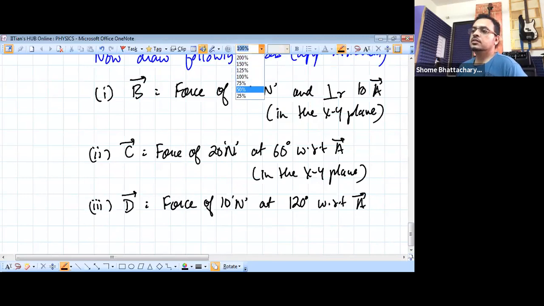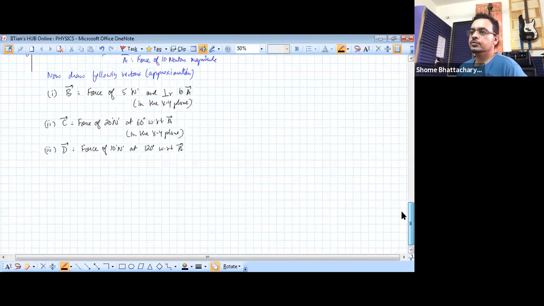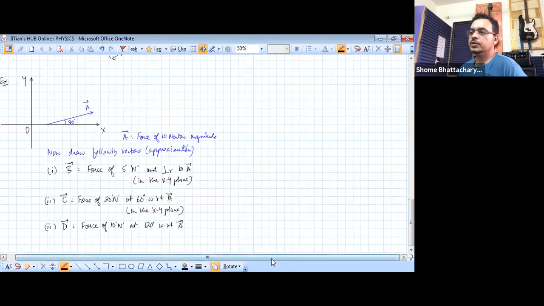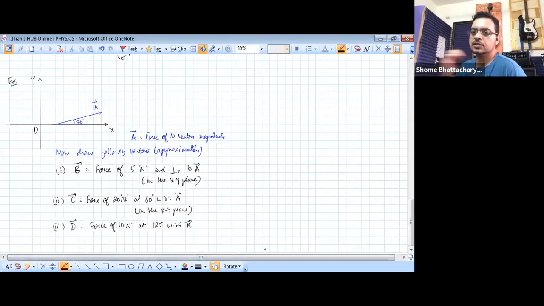So just try this in your notebooks, all of you, and I will make the diagram in just a couple of minutes, but try to get the diagram correct yourself. Then we will move on to the next vector operation.